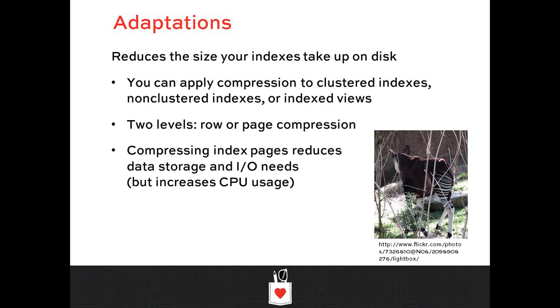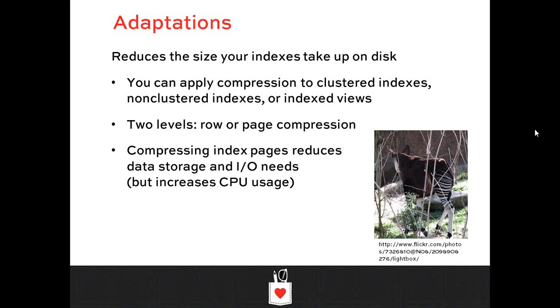The beautiful thing is that data compression can be applied not only to clustered indexes, but it can also be applied to non-clustered indexes and even the indexed view's unique clustered index.